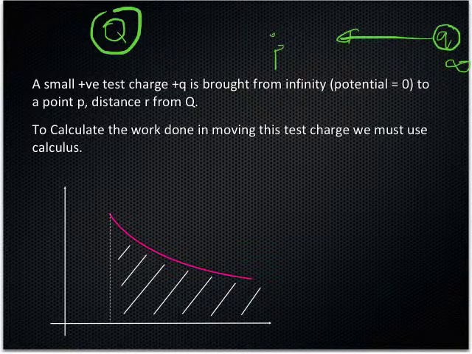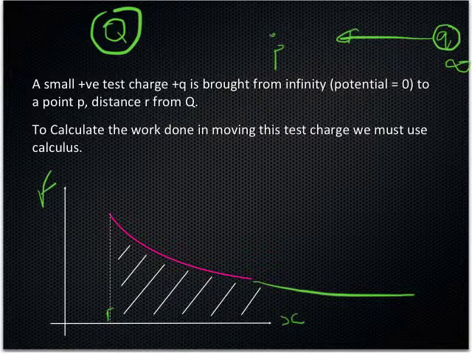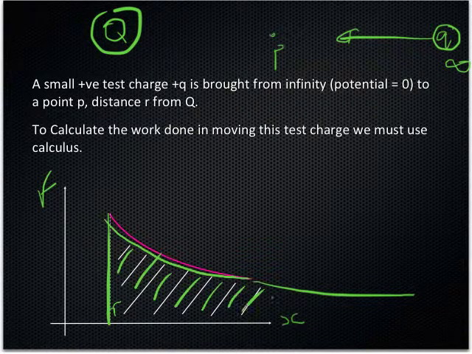If we look at a graph of force versus displacement, bringing it right in to r, then in terms of calculus, the area under this line is the work done. So we're going to calculate the work done from infinity.